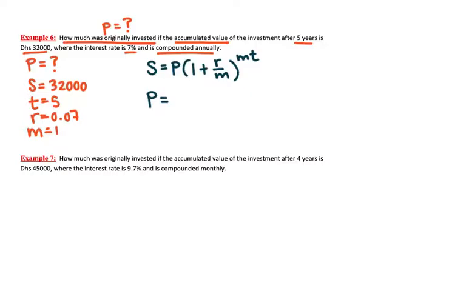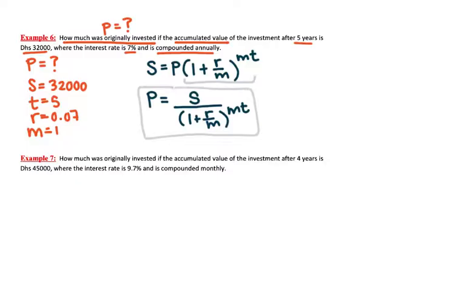How we will do that, we'll take the S and we will divide this entire bracket under the S. So we get P equals S divided by 1 plus R over M raised to the MT. So this is the easiest equation to use when they give you the future value and you want to go backwards and find out what was the present value.